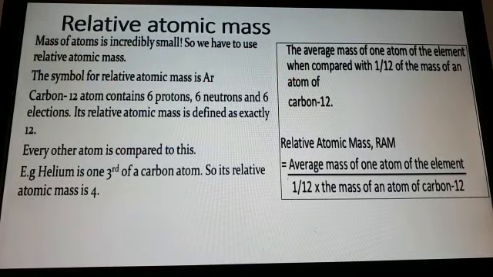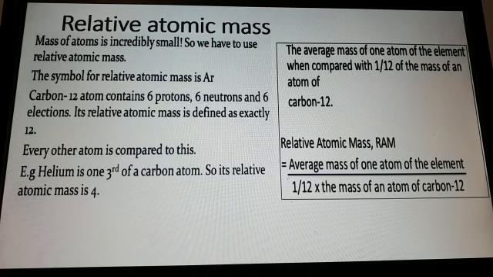Now, what do you mean by relative atomic mass? The mass of an atom is incredibly small. You know that an atom is made up of 3 particles: protons, neutrons and electrons. Proton has a mass of 1.67 into 10 to the power minus 21. Neutron also the same, 1.67 into 10 to the power minus 21.